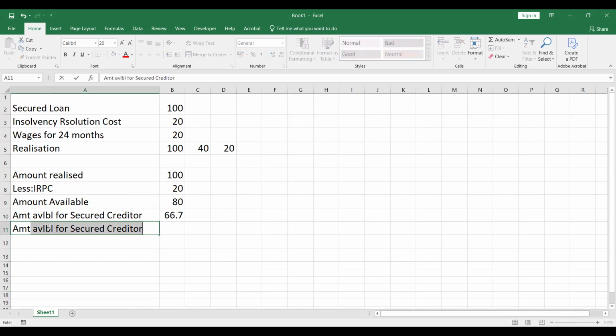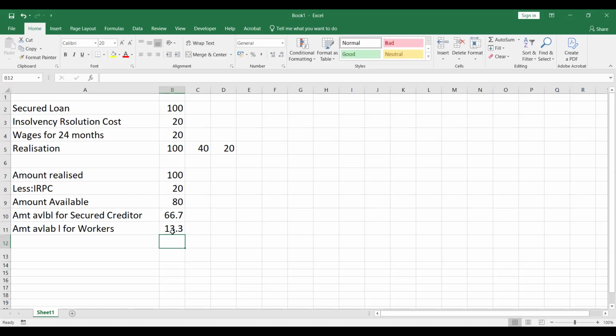And similarly, the amount available for workers: the amount available is 80, so this will be 80 divided by 120 into 20.